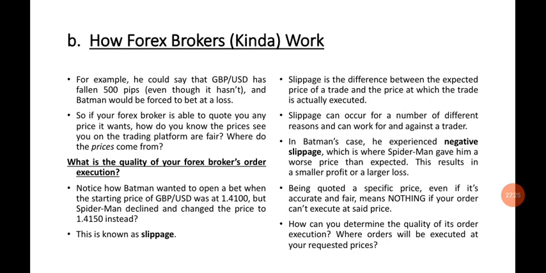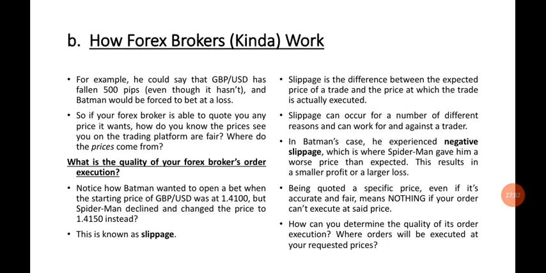Slippage is the difference between the expected price of a trade and the price at which the trade is actually executed. Slippage can occur for a number of different reasons and can work for and against a trader. In Batman's case, he experienced negative slippage, which is where Spider-Man gave him a worse price than expected. This results in a smaller profit or a larger loss.